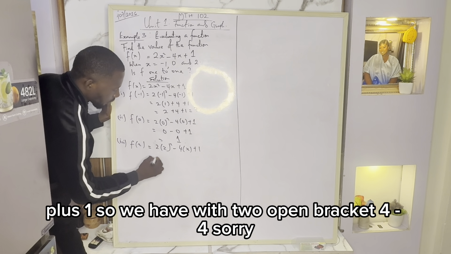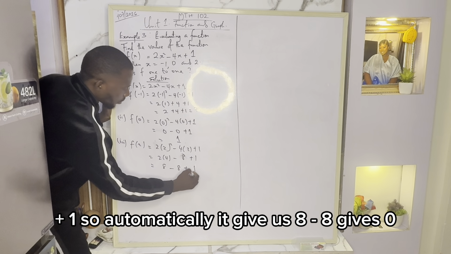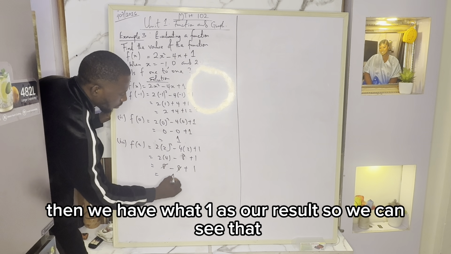So we have 2 open bracket 4 minus 4 times 2, which gives us 8, plus 1. Then this is 8 minus 8 plus 1. Automatically 8 minus 8 gives 0, then we have 1 as our result.